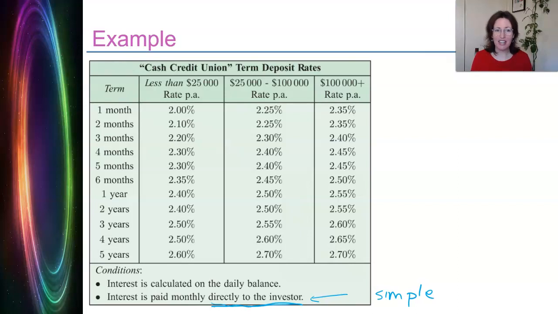Having a look here at this pretend Cash Credit Union for their term deposit rates, it's similar: the longer you leave it in, the rate increases, and also the more you put in, the rate increases as well.